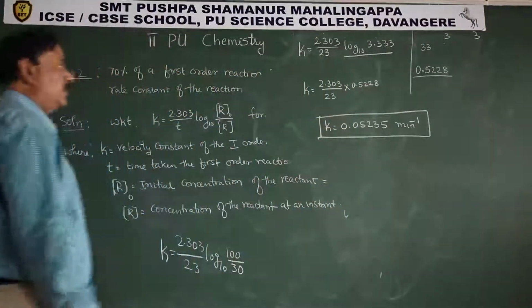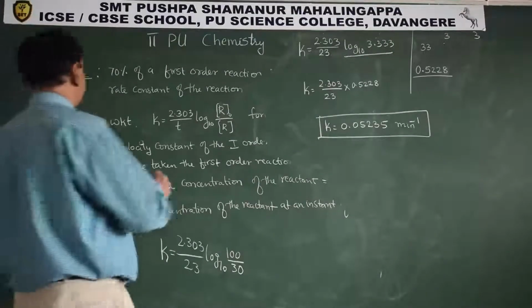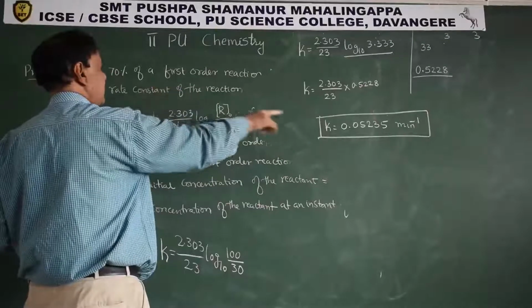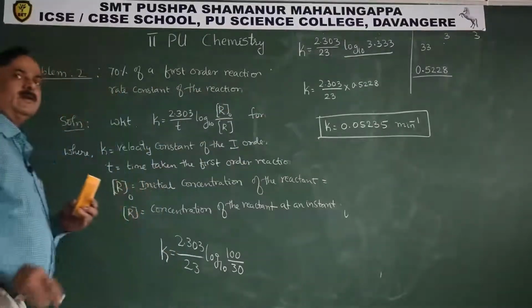Therefore, K is equal to 0.05235. In terms of minutes we put per minute, in terms of seconds put per second, in terms of years put per year, and so on.